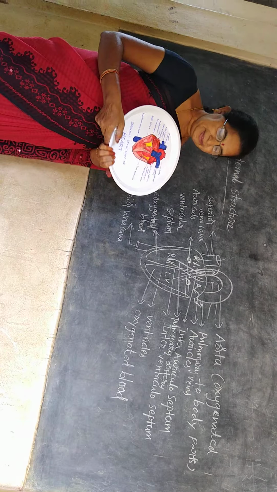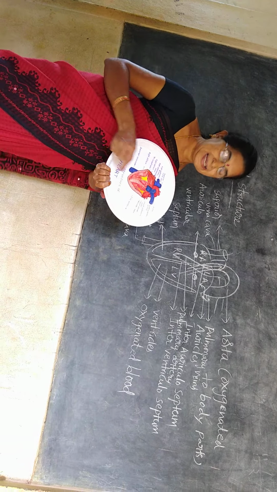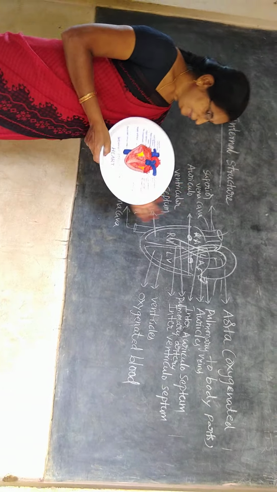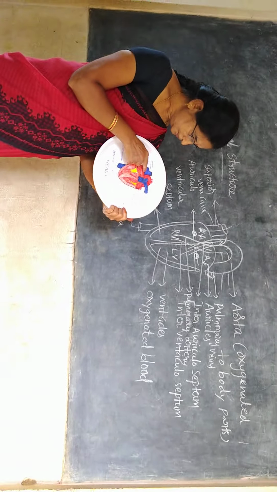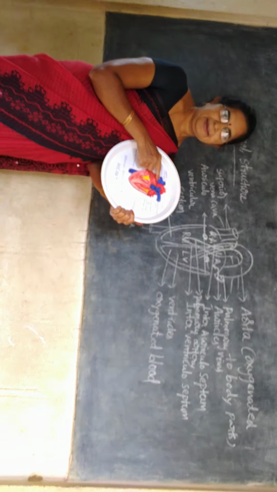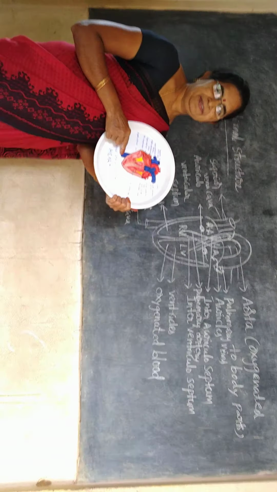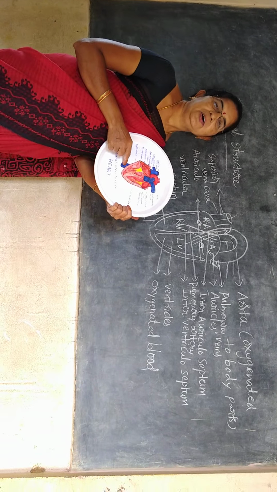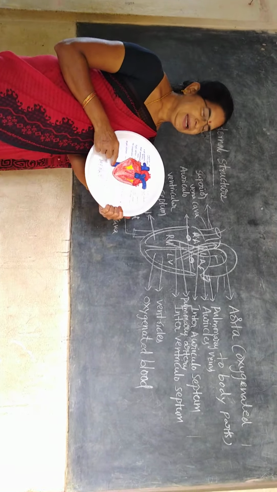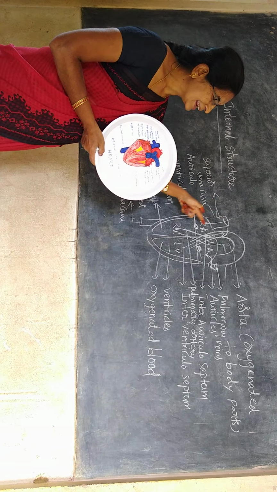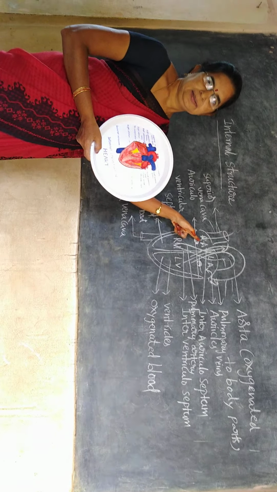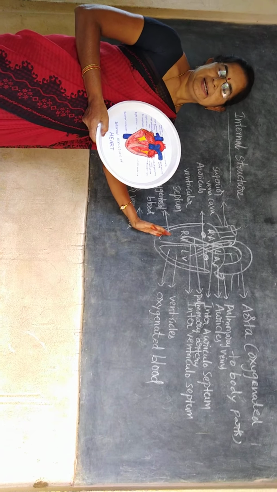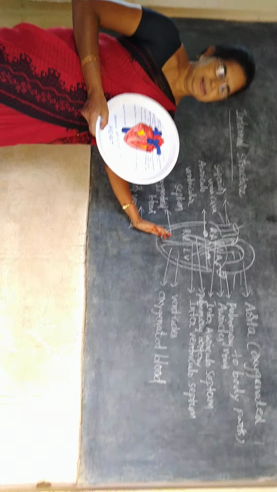If we observe the blood vessels attached to the heart, first of all we will observe the superior vena cava and inferior vena cava. These two will collect the deoxygenated blood and supply it to the right auricle. The right portion of the heart has deoxygenated blood.